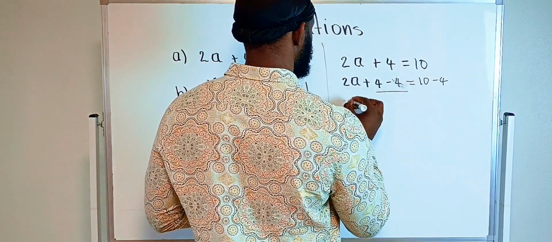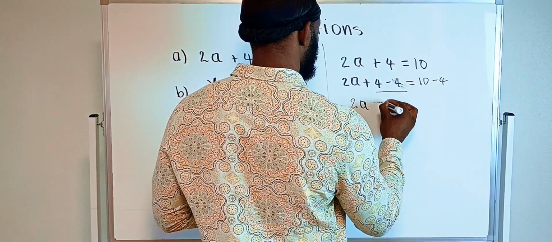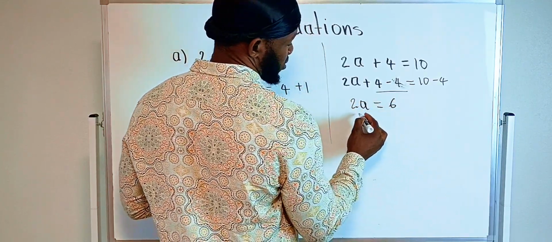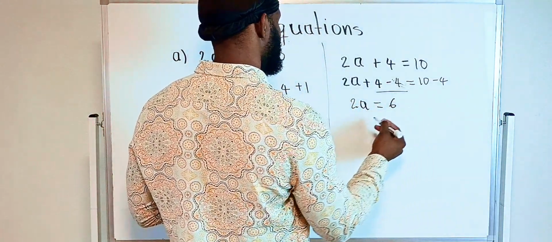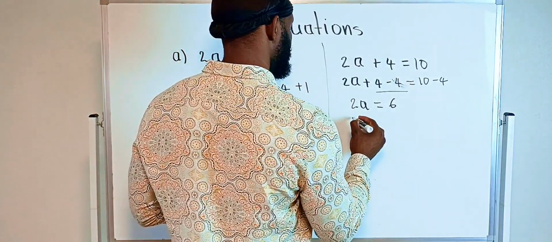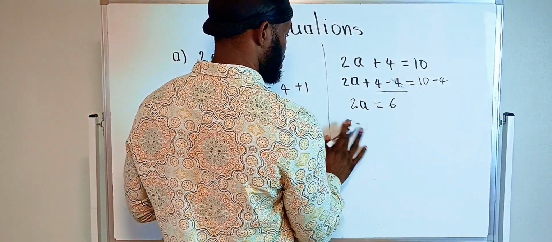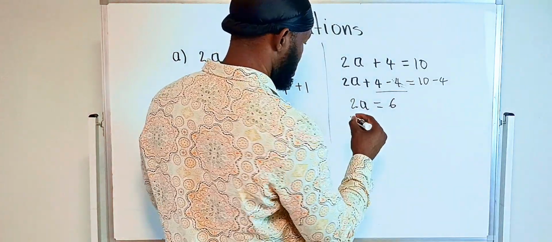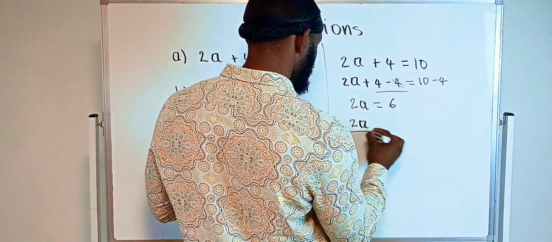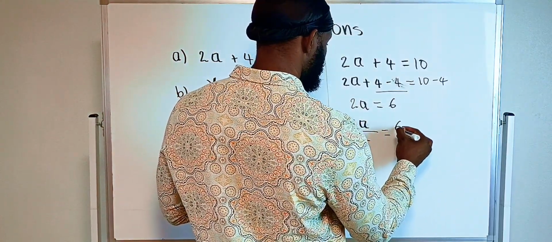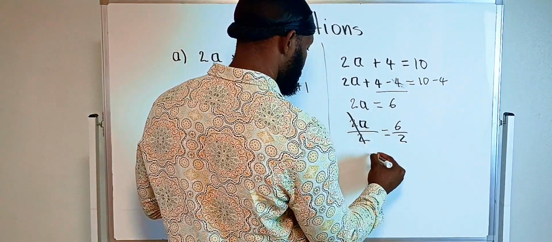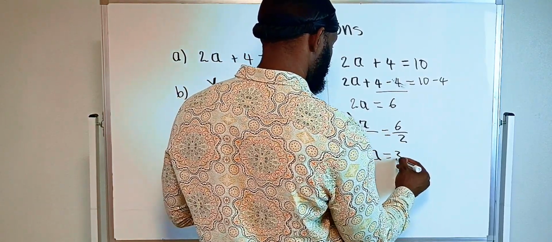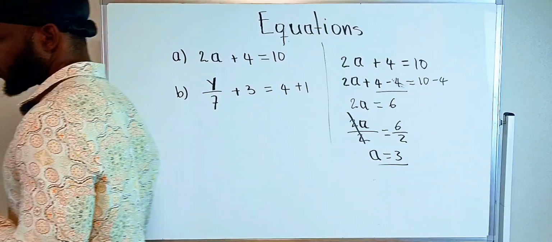So 2a equals 6. Now we gotta divide both sides by 2. So we got 2a divided by 2 equals 6 divided by 2. So we got a equal to 3, this is the value for a.